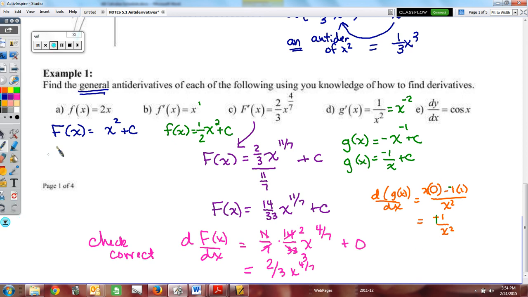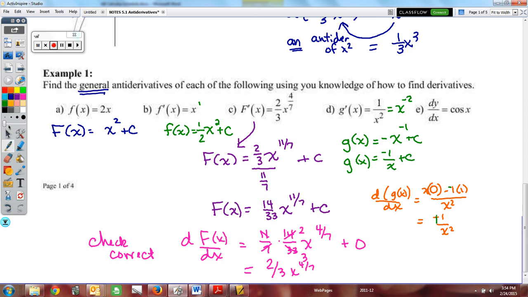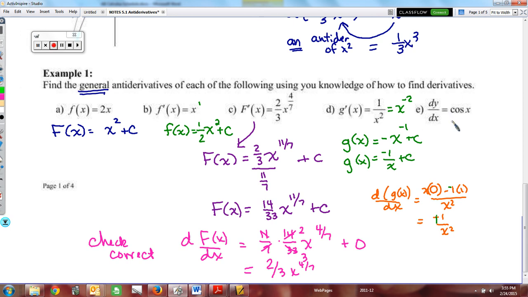All right, and then we get into the trig ones. The power functions are nice and easy. You're just working backwards. Now we get into trig. We are basically asking ourselves, if dy dx is your derivative, then your antiderivative is y. And what do I take the derivative of and get cosine? The derivative of sine is cosine.